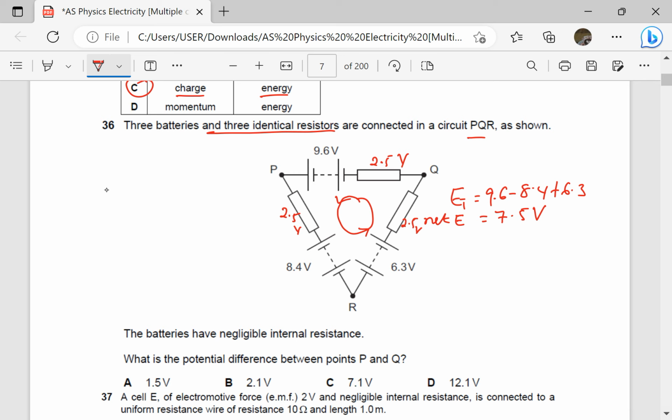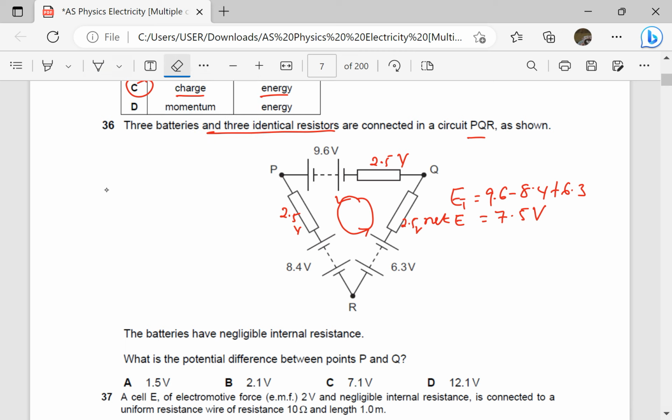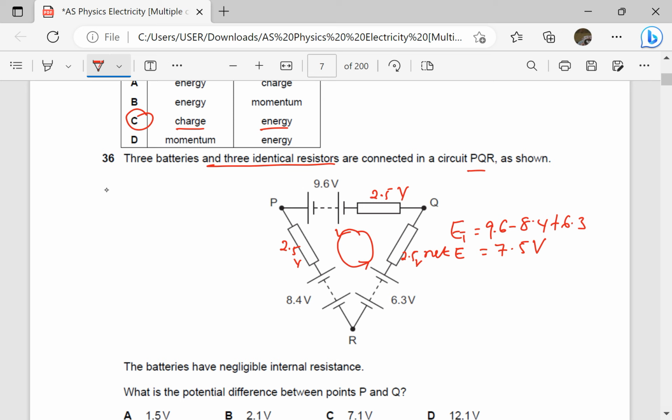So the question is, what is the potential difference between points P and Q? Assuming you put a voltmeter across those 2 points. No, P and Q is the other side, so I have to change this. So let's put a voltmeter here. Remember, this is taking 2.5 and the EMF is 9.6 volts.